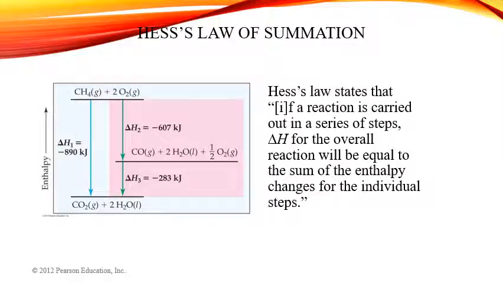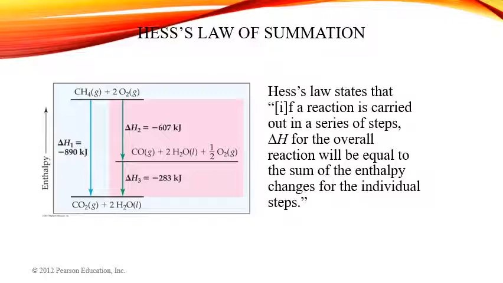So for Hess's law of summation, as we've talked about with kinetics, most of these reactions take place in multiple steps. Hess's law states that if a reaction is carried out in a series of steps, the delta H for the overall reaction will be equal to the sum of the enthalpy changes for the individual steps. So you can see here we have CH4 plus 2O2 forming CO2 and 2H2O as our overall reaction.